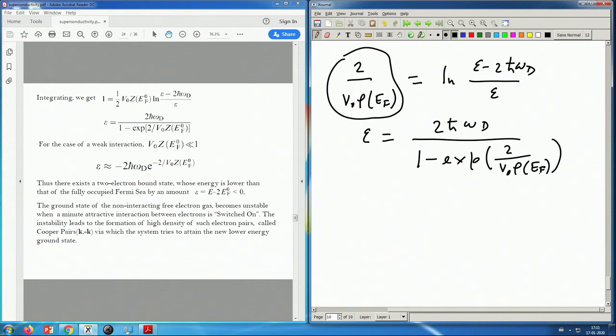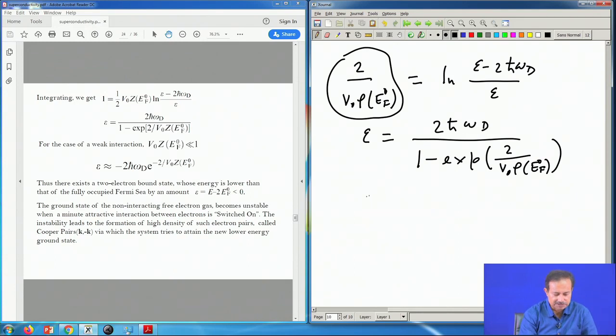E_F0 is of course the same, the non-interacting Fermi energy of the original Fermi sea. Now, V0 times rho at the Fermi level is much less than 1. Why?